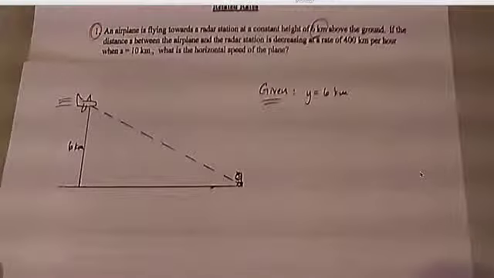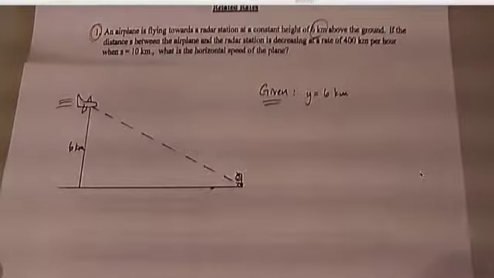Now, remember I said that the "when" was what cued you last time? Sometimes it says "if." If is your cue word this time. If tells you you're dealing with conditional information now. If the distance s, which they call z, but I didn't make the worksheet, between the airplane and the radar station is decreasing, and decreasing being a key word there, that means it's going to be negative, at a rate of 400 kilometers per hour.